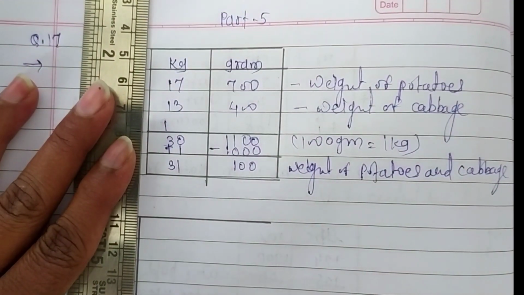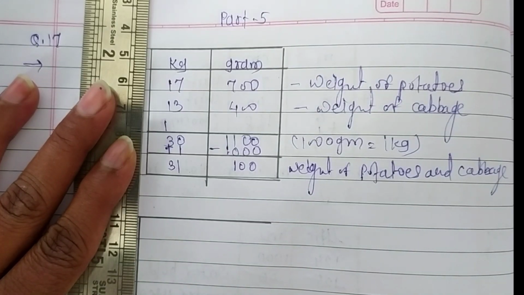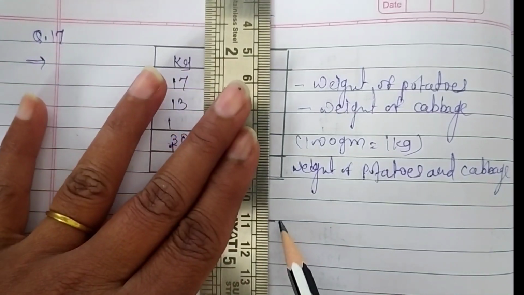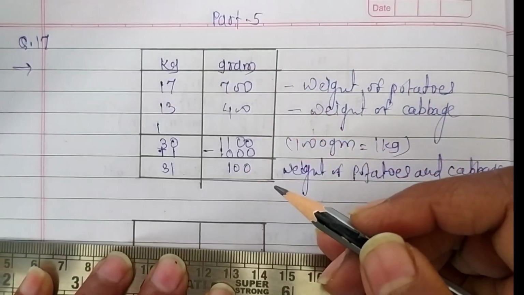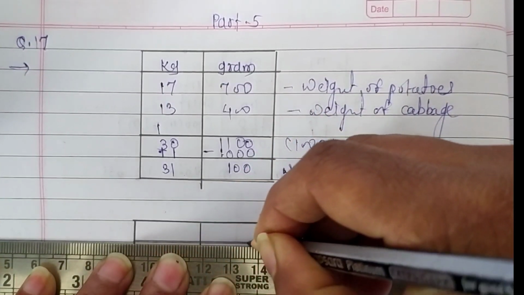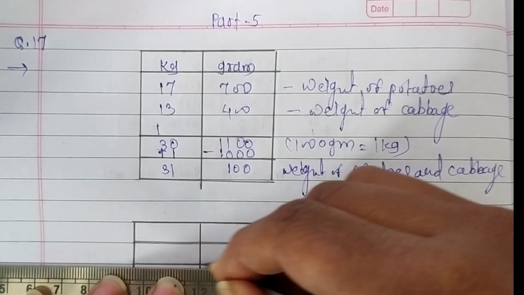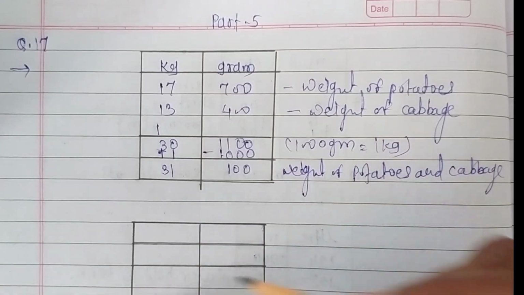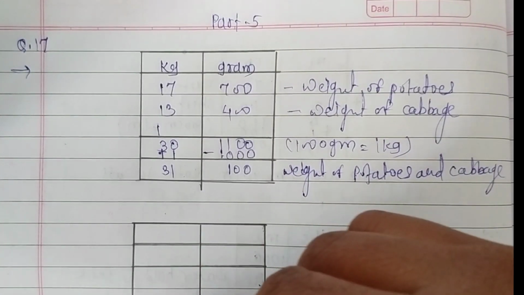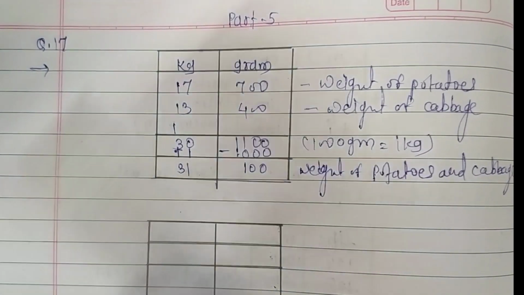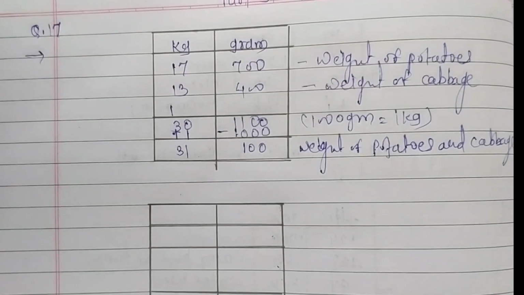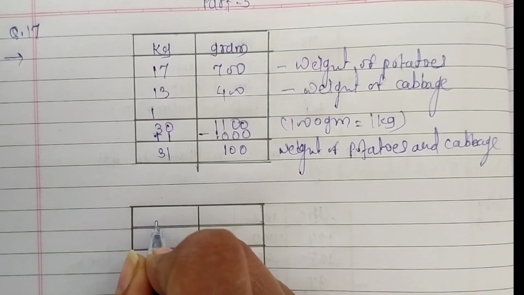So can we find the total weight of onions? This is the problem of subtraction, so we are going to make an extra column on the upper side. So we can easily borrow numbers. Now write here kilogram and gram.